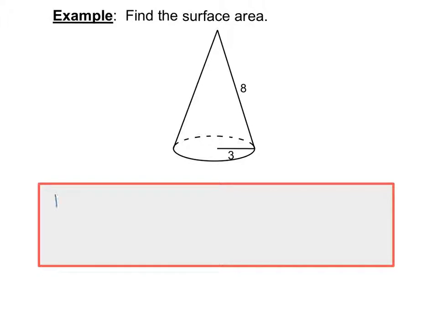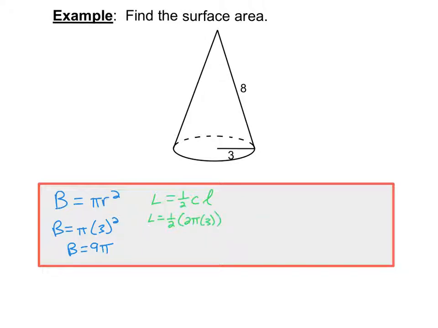I know that B is the base, and that is the area of the circle, so that's pi r squared. So B is going to be pi times 3 squared, so B is 9 pi. Okay, so now let's look at the lateral surface area, which is 1/2 times the circumference times the slant height. So for this problem, my circumference is 2 times pi times r, so 2 times pi times 3 times the slant height, which is 8.